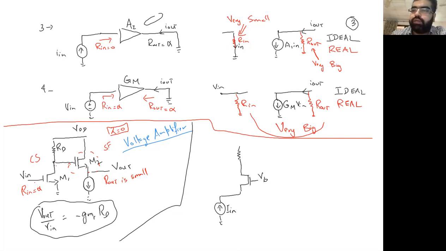We have some load RD. This is VDD. And then we again go to our source follower configuration, which you just saw in the previous one. And here we have an output similar to the first configuration, and this is connected again to VDD. This is M1, this is M2.